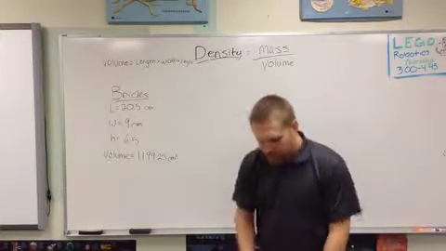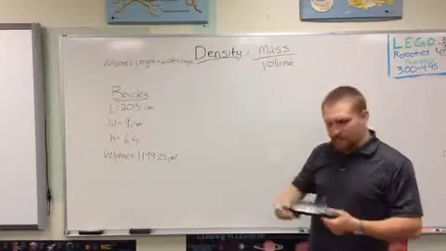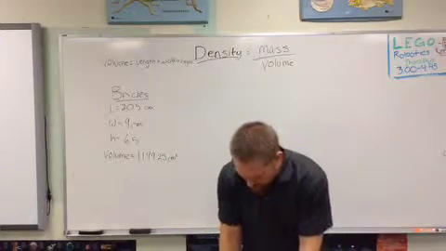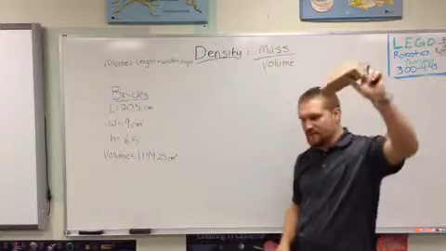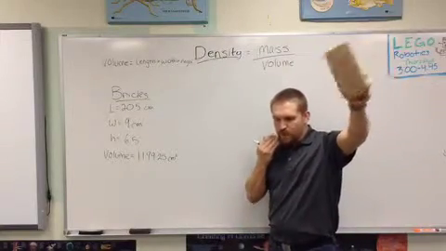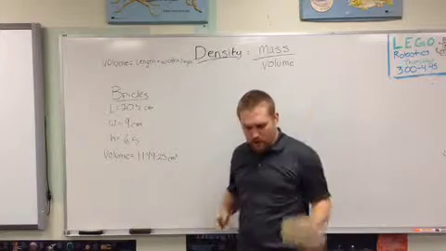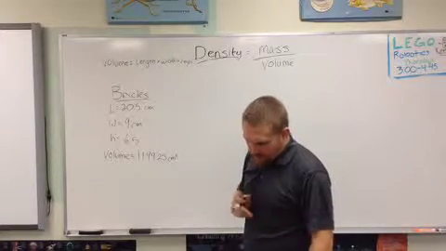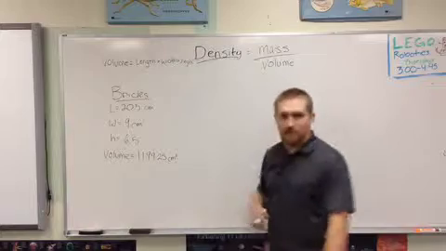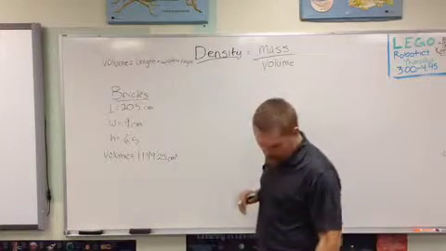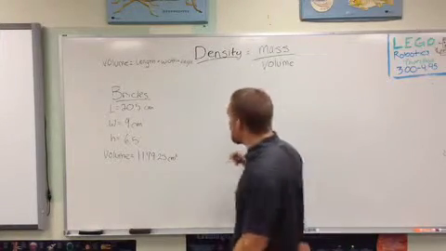Okay, so I'm going to take a digital scale here. I'm going to turn it on and I'm going to weigh each of these. So we're going to call this brick number 2, and this one that's less shiny, brick number 1. So I'm going to weigh brick number 1, and it is about 732 grams.